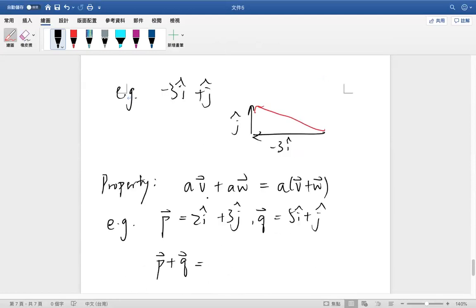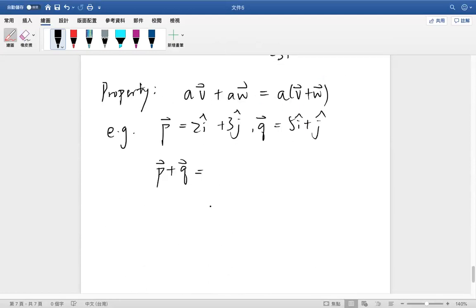Actually they are the same, except that we can't really define multiplication of vectors in a very convenient way, because for complex numbers you can multiply i together, you can multiply real numbers, but for vectors so far we can't think of a proper way to define the multiplication of vectors.